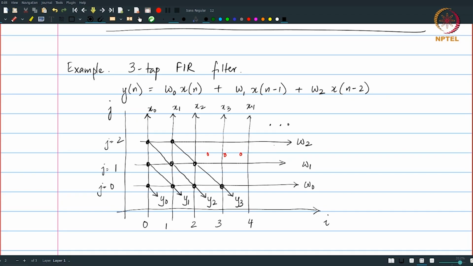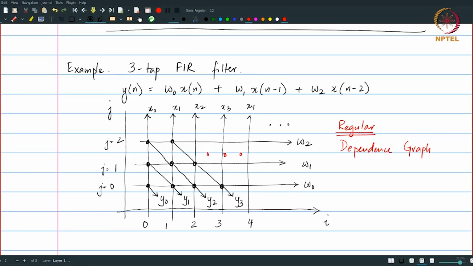So this structure that I have drawn over here is, in other words, called the dependence graph. And as you can see over here, it has a regular structure. What do I mean by a regular structure? The kind of computations or the nodes are all identical to each other, right?